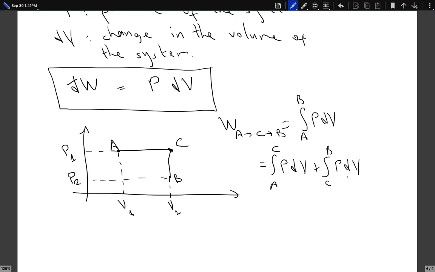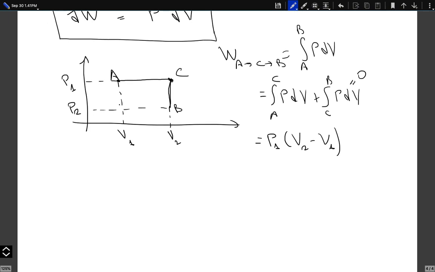The easiest one is to go from C to B. What is dV as I go from C to B? What is the change in the volume at every step? 0. So dV is 0, so this is 0. And from A to C, the pressure is constant at P1. The total change in volume is V2 minus V1. Okay, this is the work done as I go from A to B, passing through C.